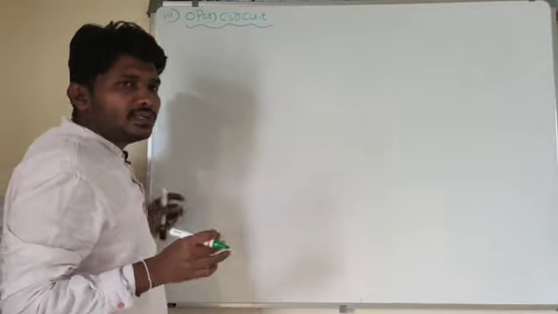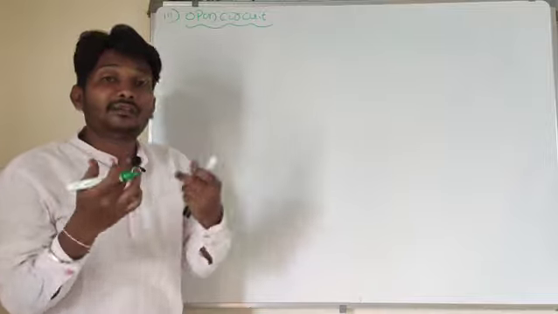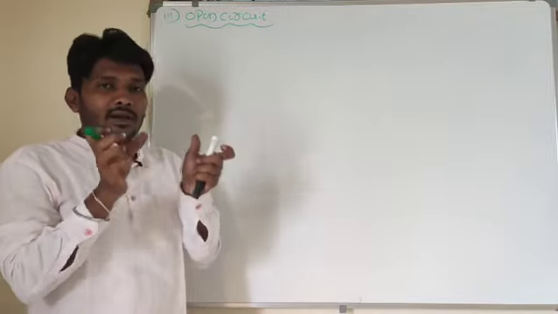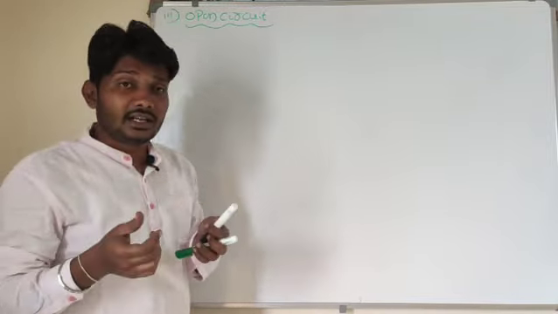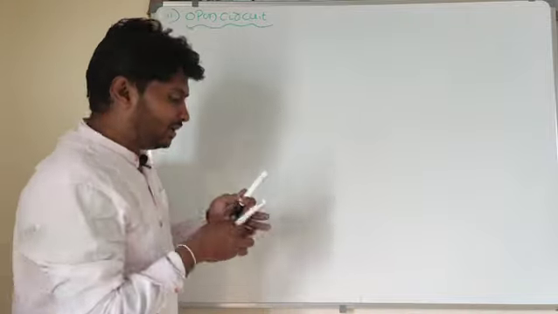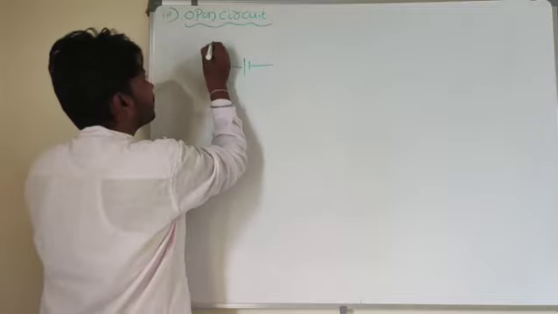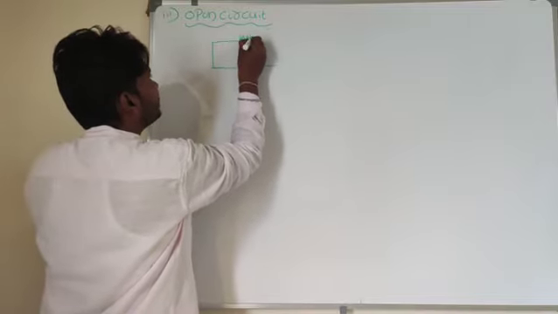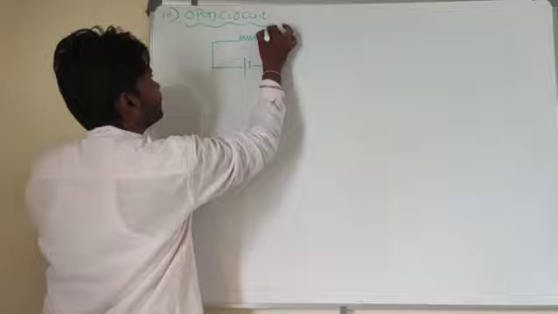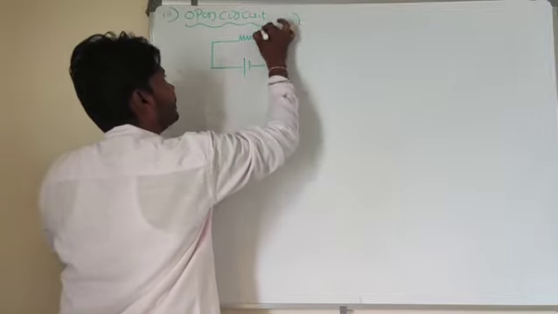Open circuit means the cell is connected to infinite resistance. For example, the cell is connected to an external resistance, and that external resistance value is infinite. So suppose this is one cell I can take, and this is the external resistance, its R value is infinite.